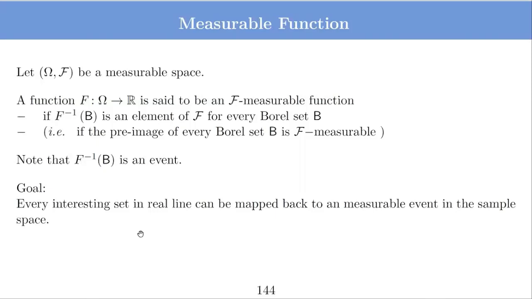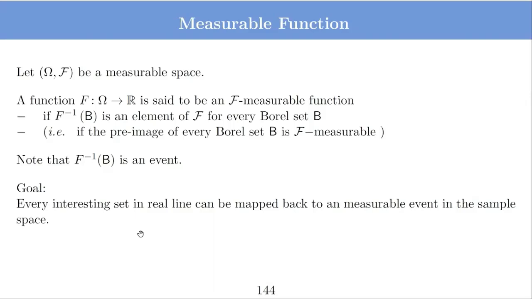They can be open intervals, closed intervals. We are generally interested in such kinds of sets. So what we want is, once we define the random variable f, then every interesting event in the real line can be mapped back under this f to an interesting event in F, or a measurable event in F.